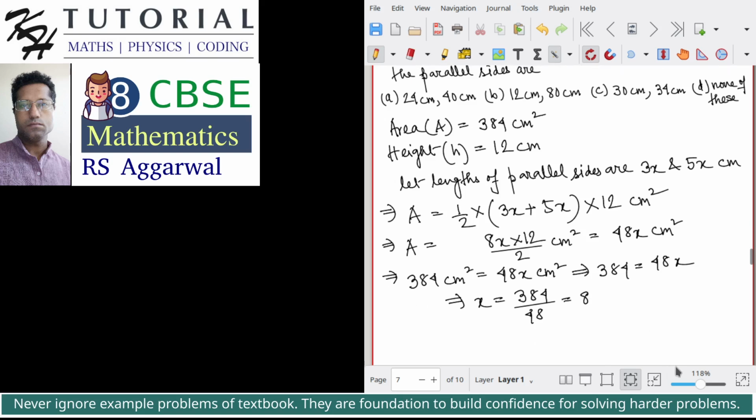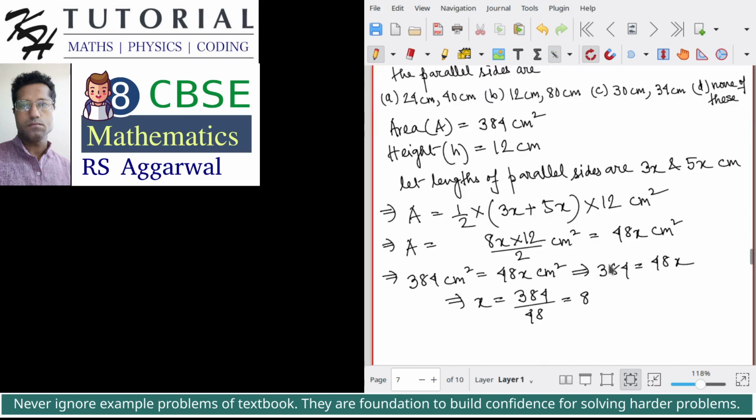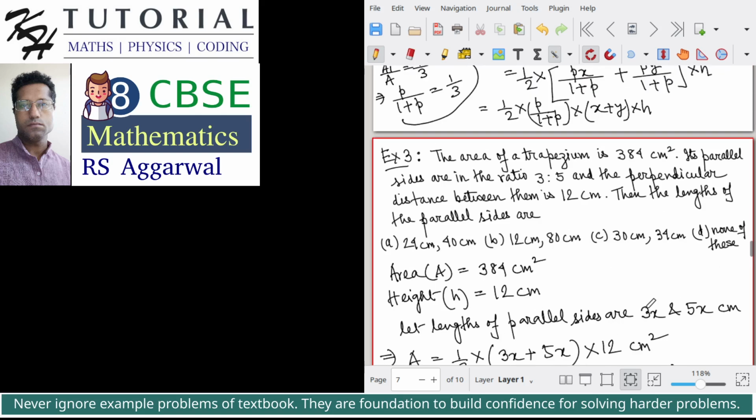Now the question has asked what is the length of the parallel sides. So the lengths of parallel sides are 3x and 5x, since the length ratio was 3:5.